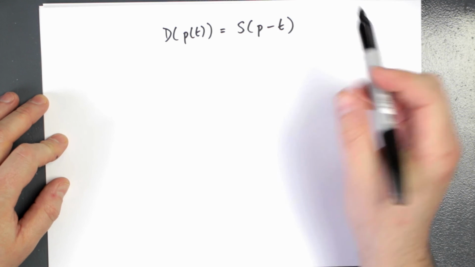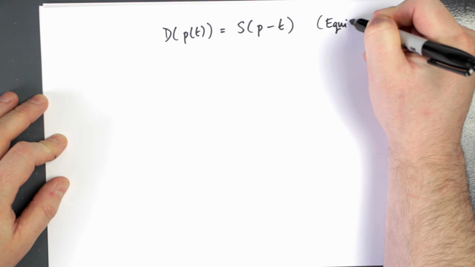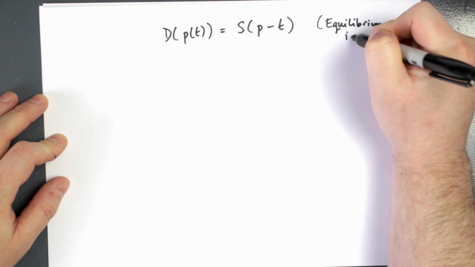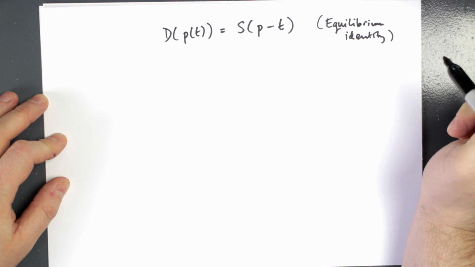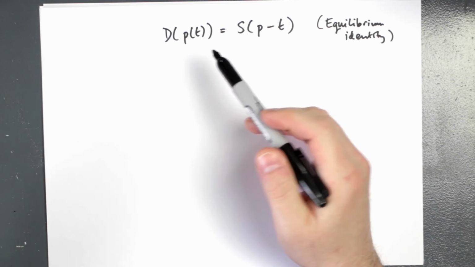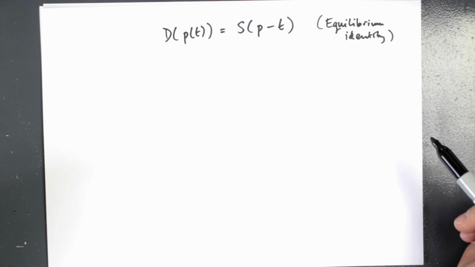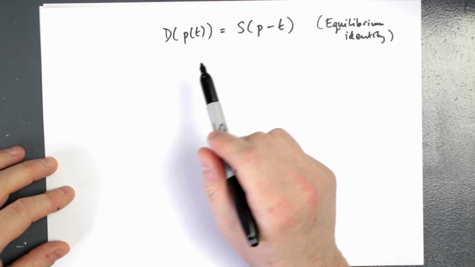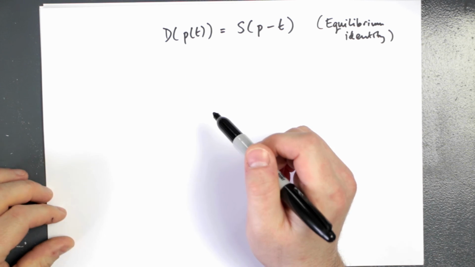Okay, so we're going to treat this as an equilibrium identity. It's always true if we're in equilibrium. So now we're treating this as an identity. Staying within the equilibrium world, we can differentiate both sides of this, and it's perfectly okay to do this.